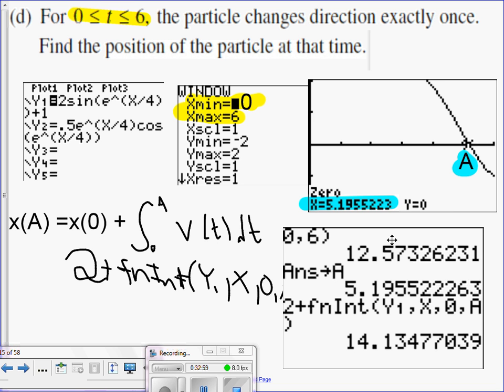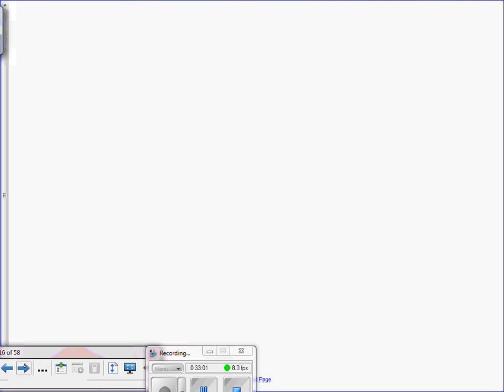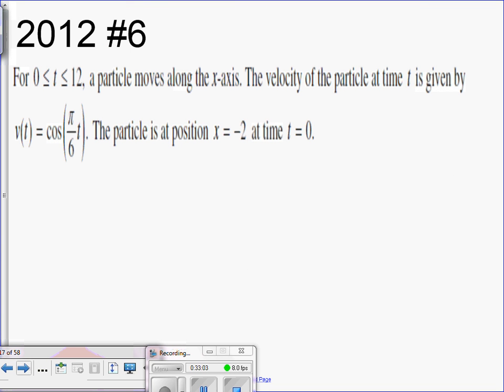The one that was tough, and I'll probably just get to part A, was the second one. They give you the velocity in an equation. The times go from 0 to 12. Guys, if t goes from 0 to 12, what is this whole angle pi over 6 t going to be between?